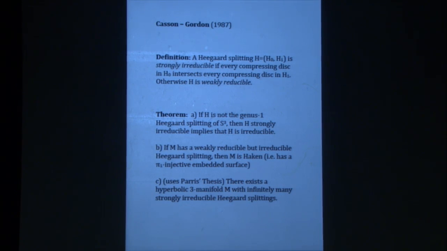And the second thing is they exhibited a hyperbolic manifold that had infinitely many different strongly irreducible splittings, in particular infinitely many irreducible Heegaard splittings. That was quite remarkable because, up to spinning around tori, as far as I believe, this was the first example where you had infinitely many different things.